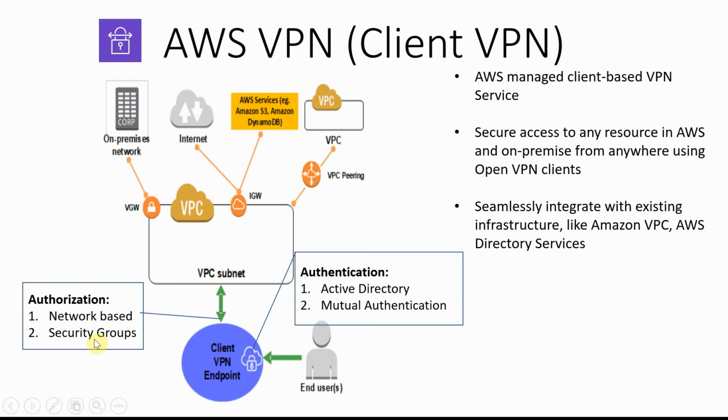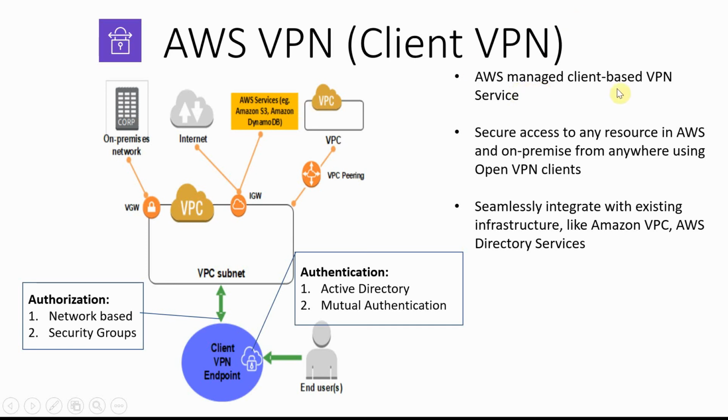Remember that previous slide. So what this person has access to in AWS is called authorization, and it is applied automatically. That way you don't have access to VPCs you shouldn't have access to, so it is restricted. That's a typical VPN client architecture.